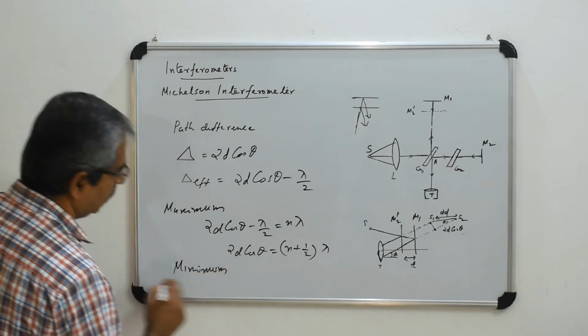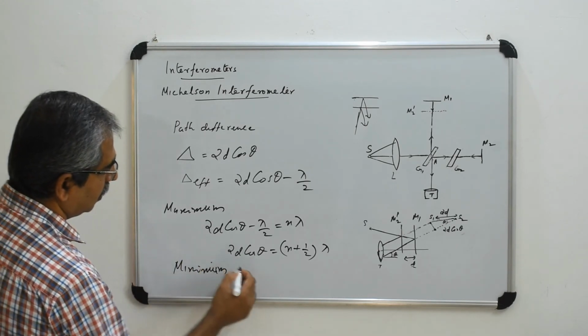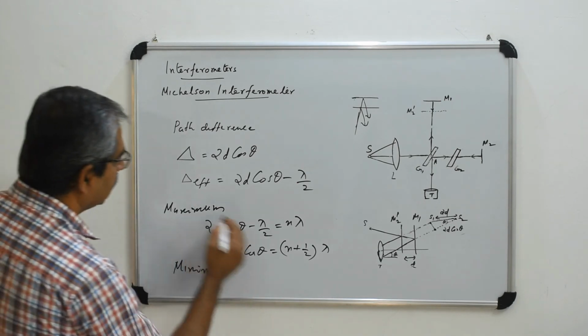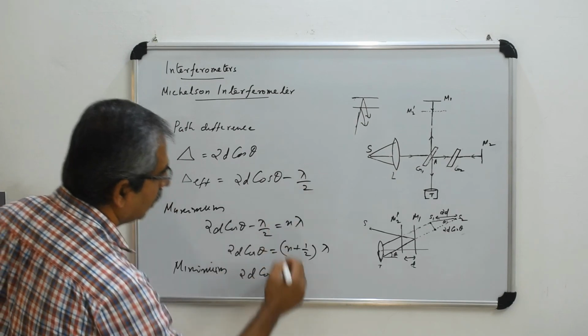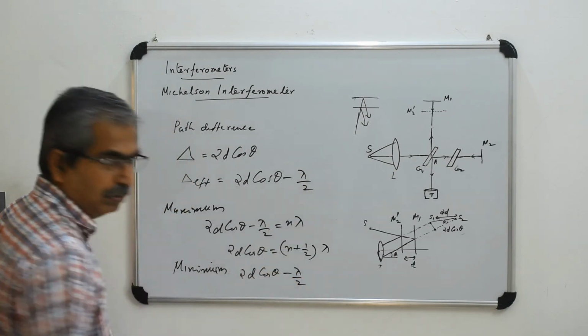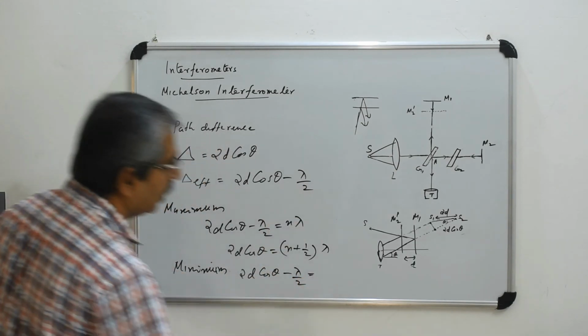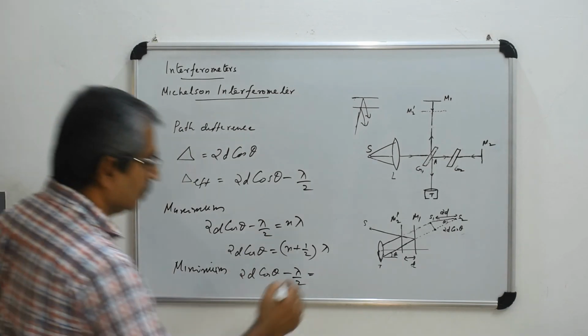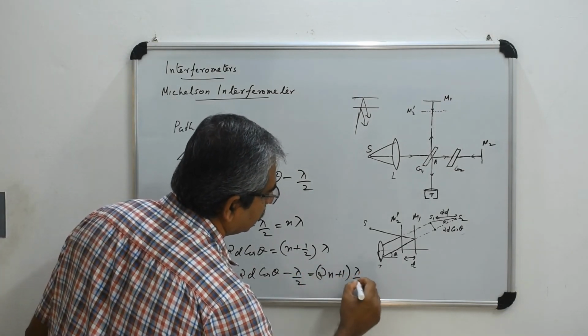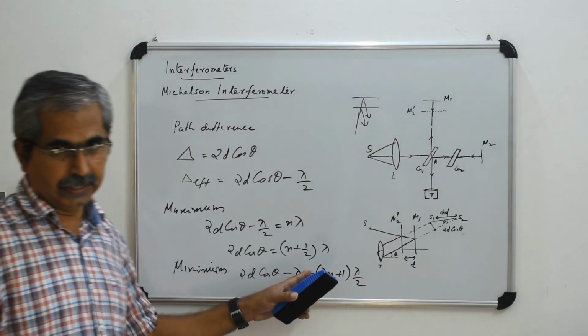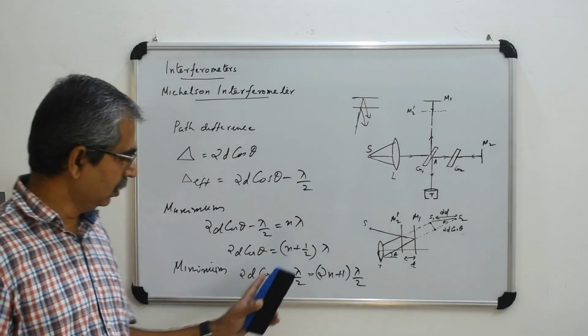The condition is that 2d cos theta minus lambda by 2 should be an odd integral multiple of lambda by 2, that is (2n plus 1) lambda by 2.